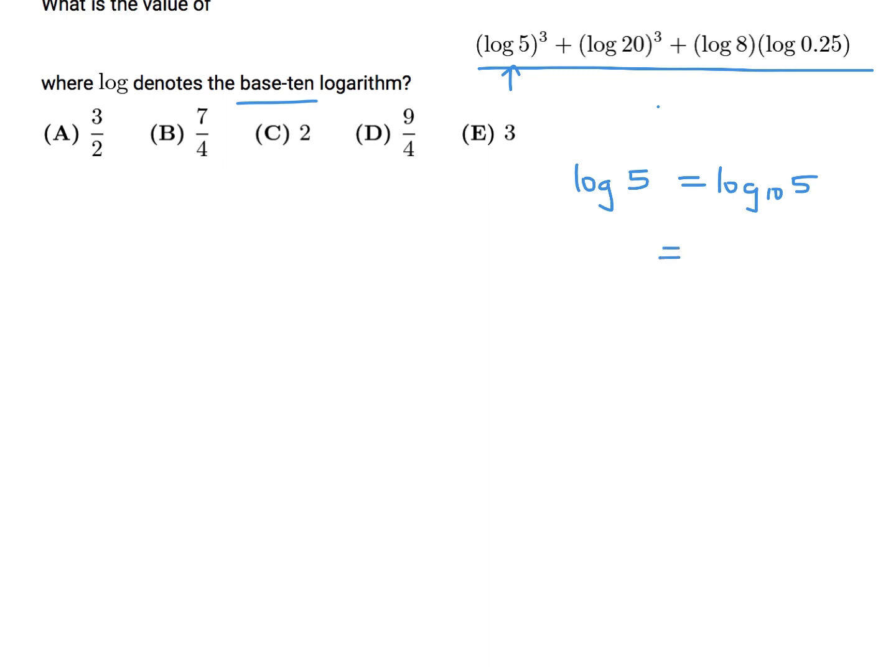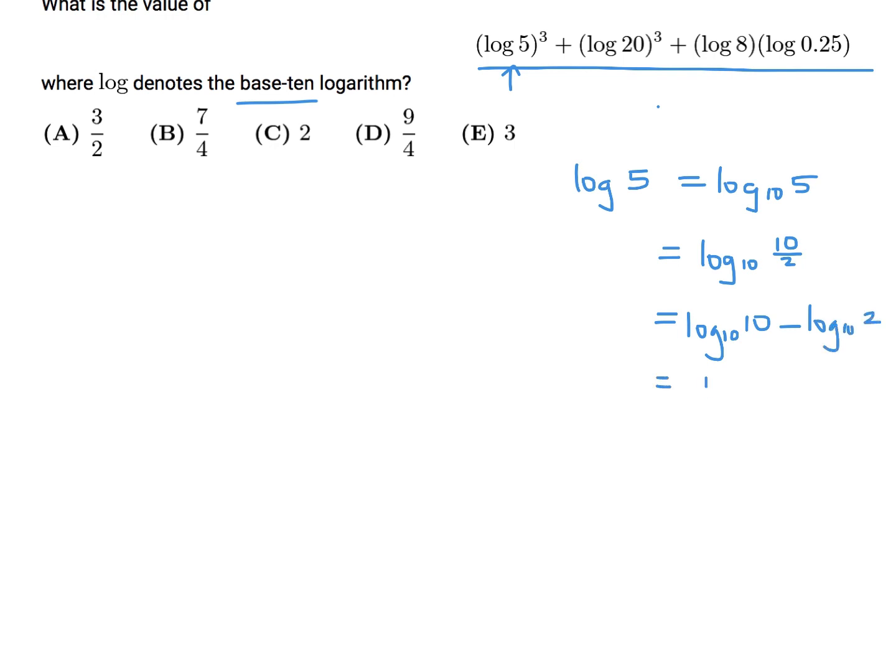Okay, so what do we do here? We have to manipulate this a little because I want everything to be the same. I'm going to write 5 as 10 over 2. Then I can break this up into the log of 10 to the base 10 minus the log of 2 to the base 10. That's a log rule.